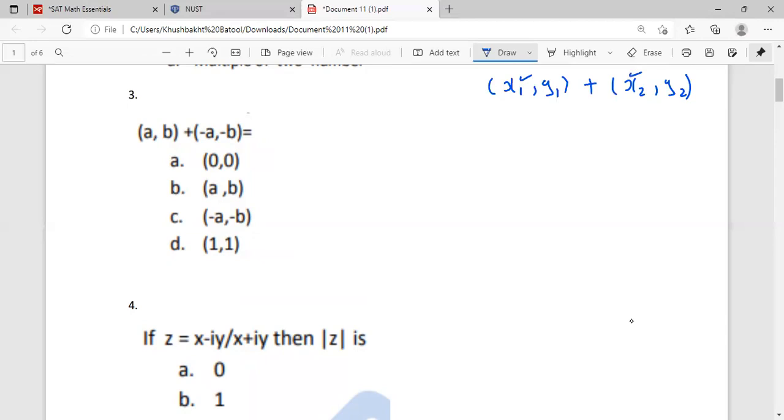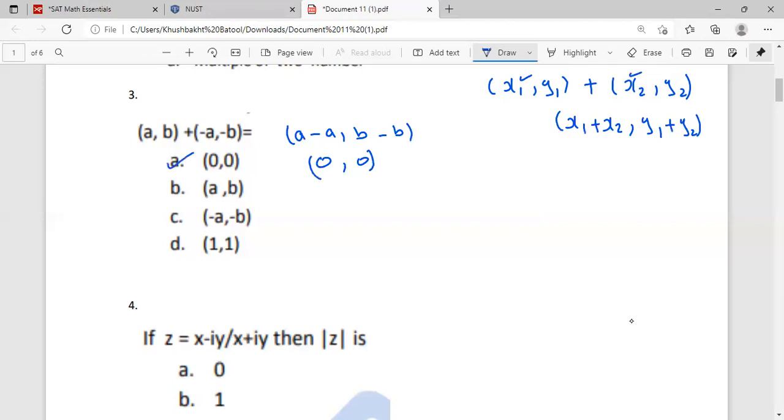So I can only add x1 with x2 and I can only add y1 with y2. With this reference I know that I can only add a with minus a. So if I add a and minus a I would get 0, and if I add b with minus b I would get 0. So 0, 0 is the answer, so A is the answer, right?